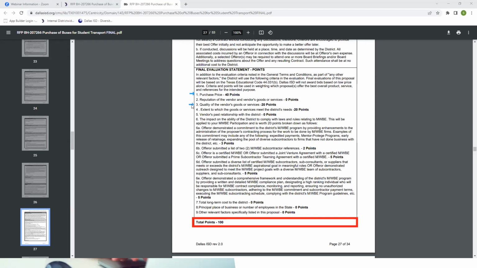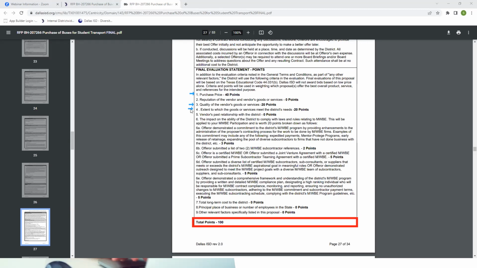The quality of the vendor's goods and services is 20 points. So that's 60 points right off the top, your purchase price and the quality of the vendor's goods and services. And then also the extent to which the goods and services meet the district's needs. Okay, so we're at 80 points already.